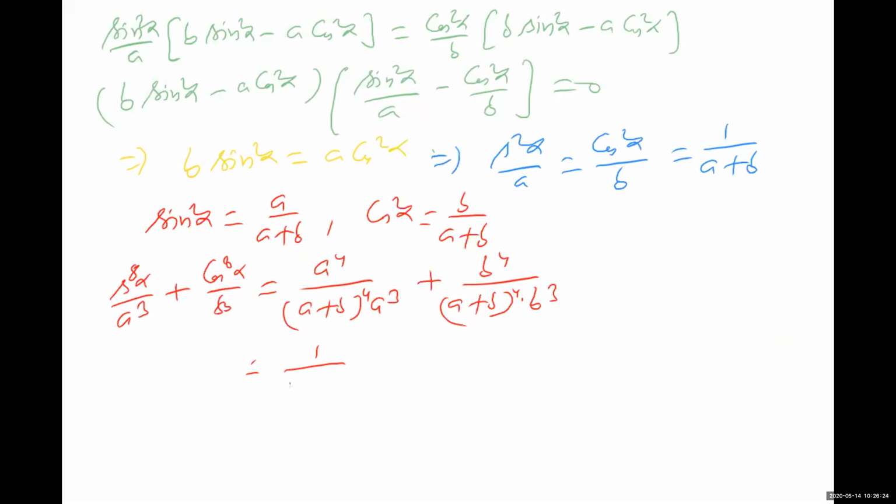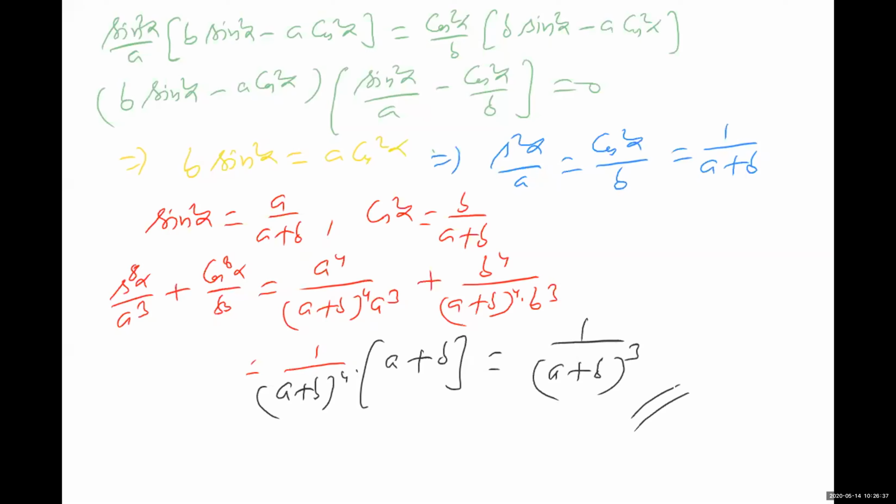So now a plus b power 4 will come outside. This a will cancel a plus b. So this is equal to 1 upon a plus b cube. This is the complete proof of that. So the same concept, there are so many problems, one after another.